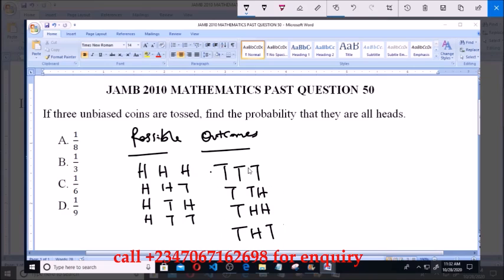Now these are the possible results when 3 unbiased coins are tossed.